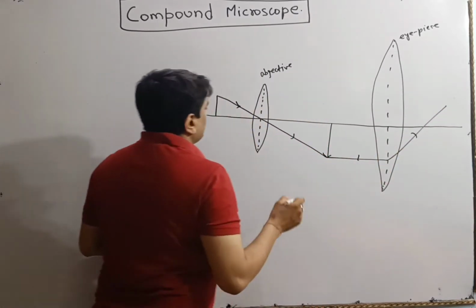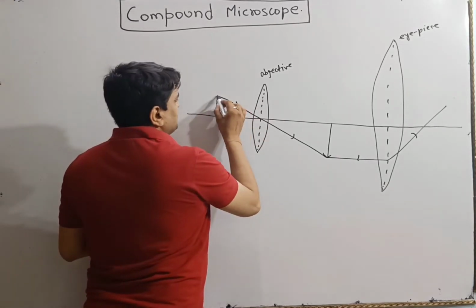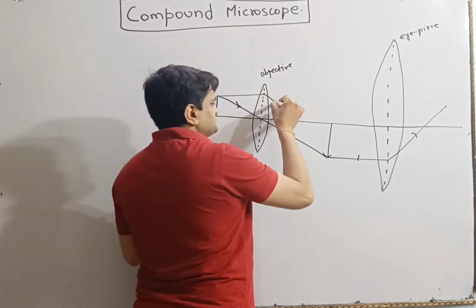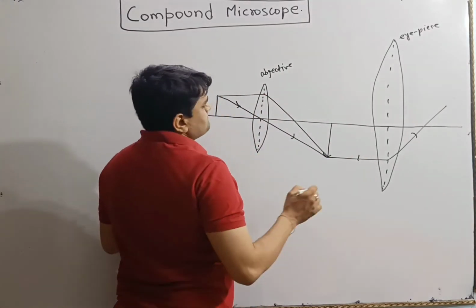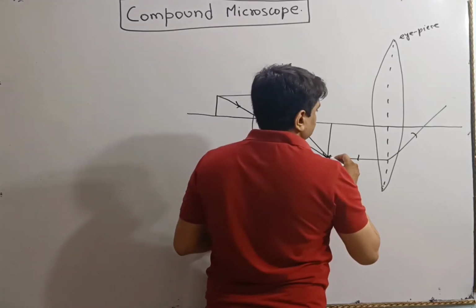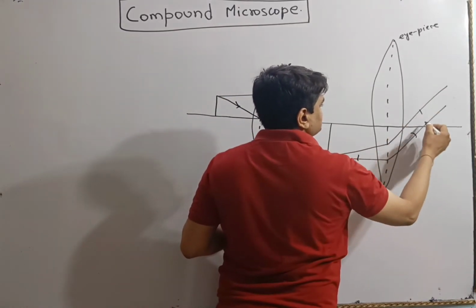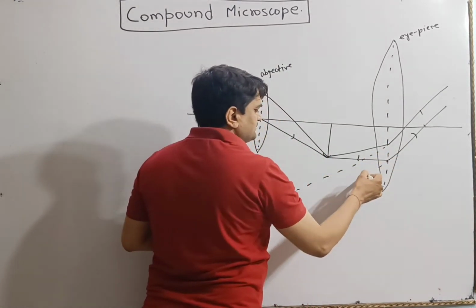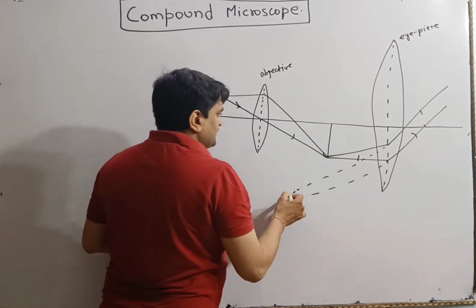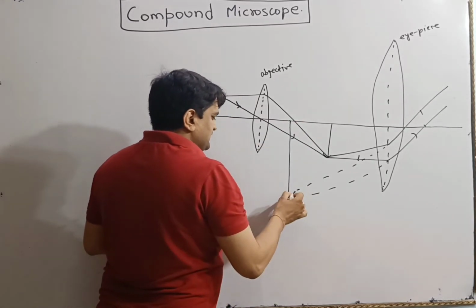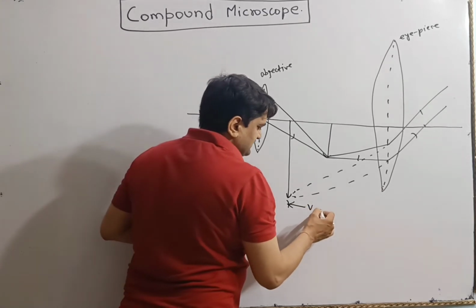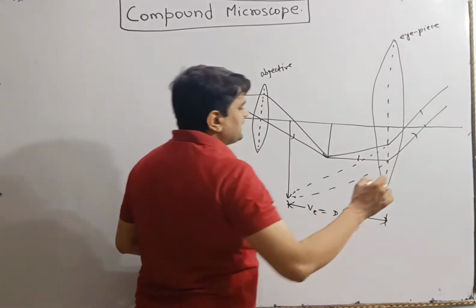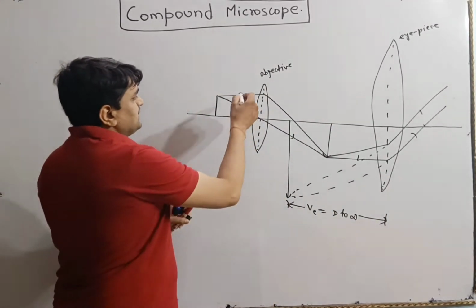Now second image, second line, let it pass like this and go like this, and the final image will be formed here. This final image can be anywhere. This is VE. This can be from D to infinity, anywhere. This is the basic ray diagram.